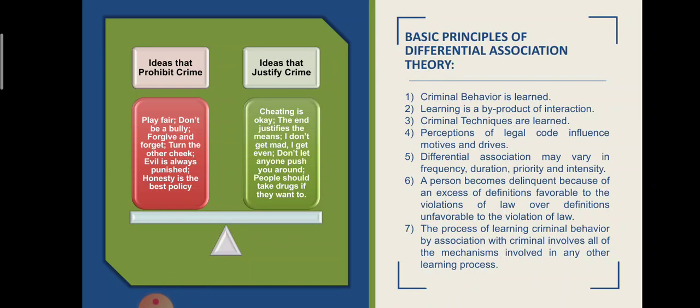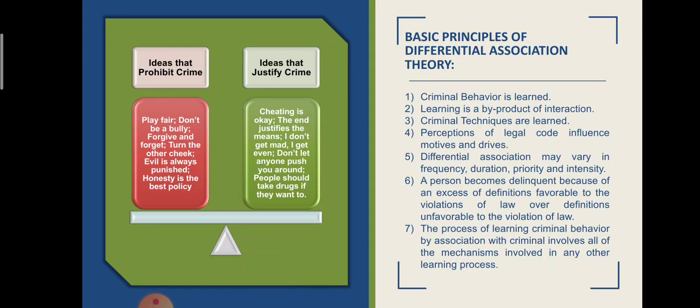Okay? Next, number 2. Learning is a byproduct of interaction. There is definite interaction through a process of communication. Hence, learning criminal behavior occurs through interpersonal interaction. Sutherland believed individuals do not start violating the law simply by living in a criminogenic environment or by manifesting personal characteristics such as low IQ or family problems associated with criminality.